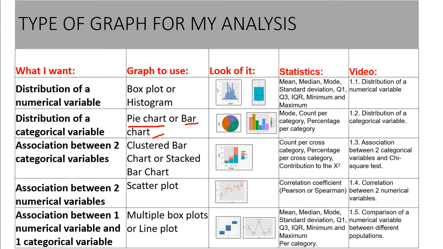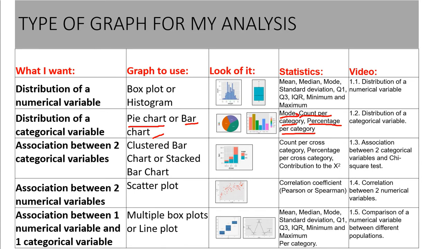Because with counts, we can be impressed by big numbers, but if the other category has also big numbers, it's not really informative. So I would advise you to put percentages. The descriptive statistics that you would use, as I said, is the percentage per category, okay? You can also explore the count per category, but the percentage per category is important.